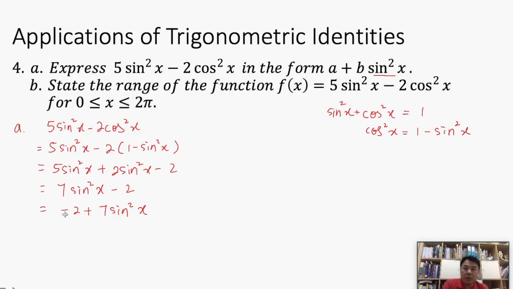Once you're done, part B, state the range for these functions within this domain here. Now, the easiest way to identify the range for this is, let's work out the minimum value.